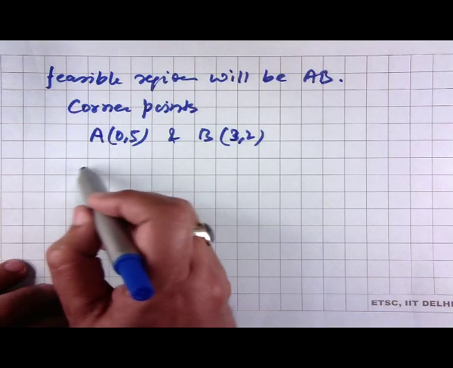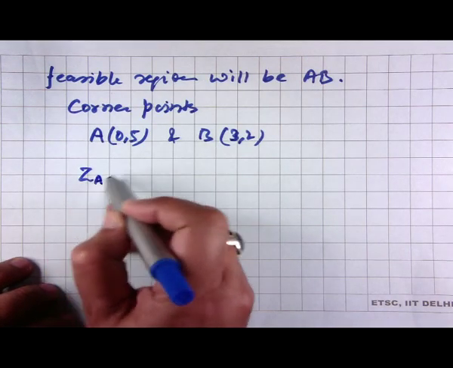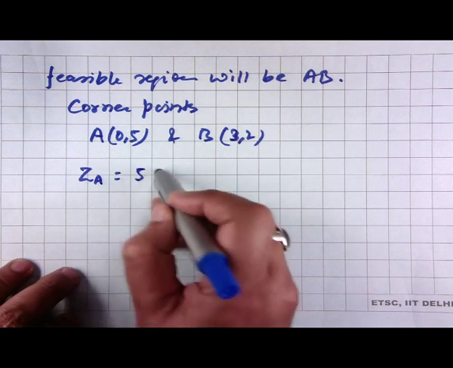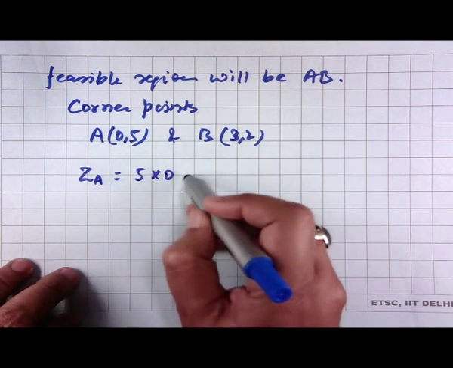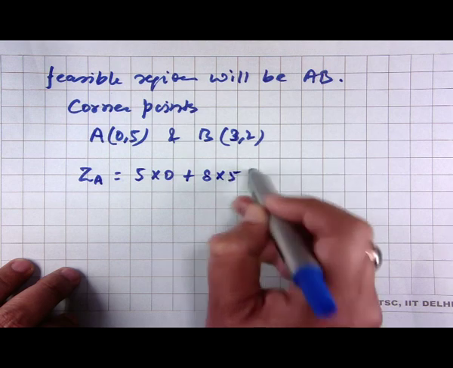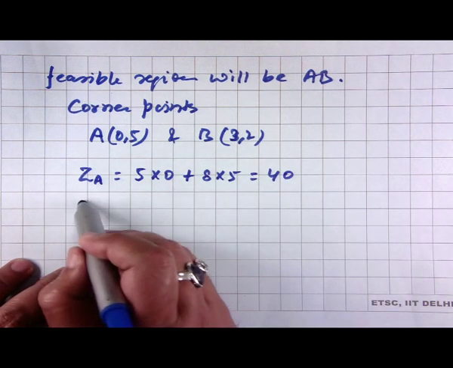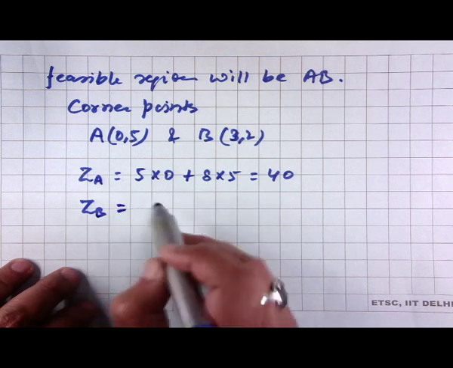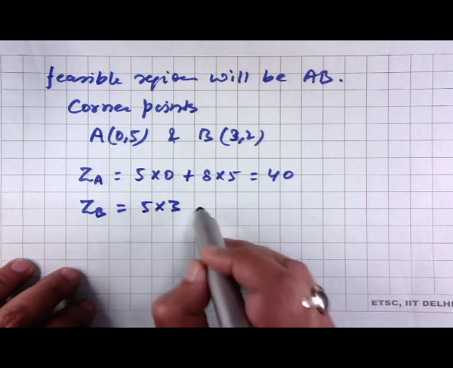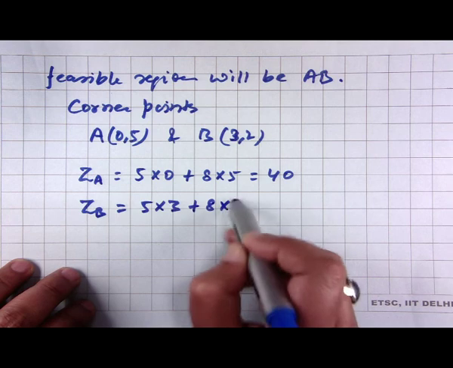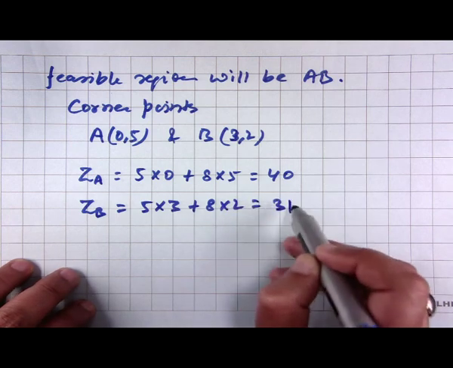So, Z at A is equal to 5 into 0 plus 8 into 5 equal to 40, and Z at B equal to 5 into 3 plus 8 into 2 equal to 31.